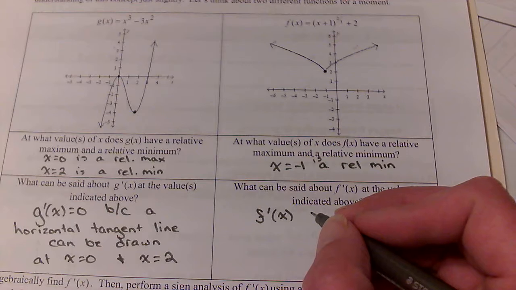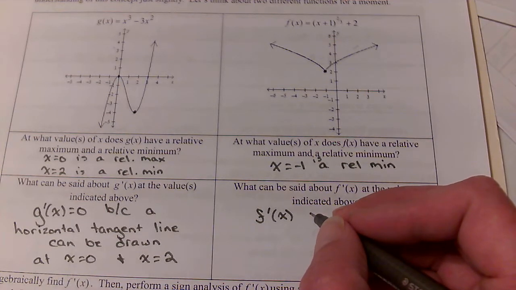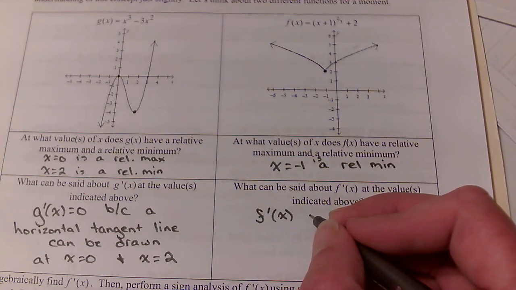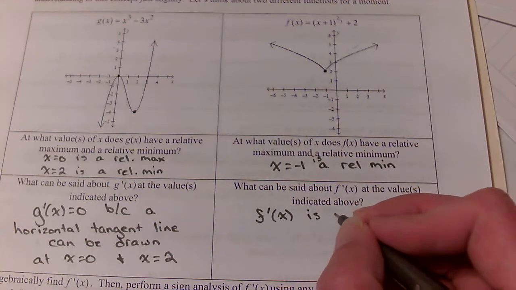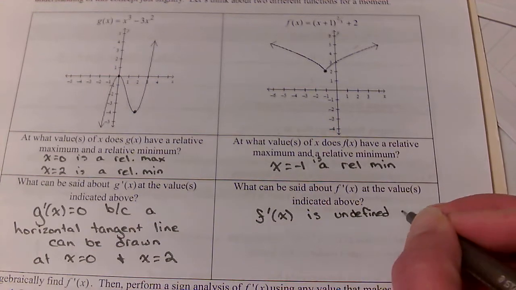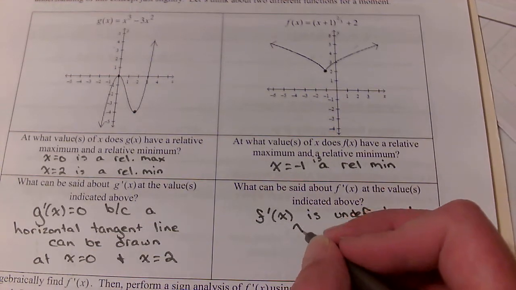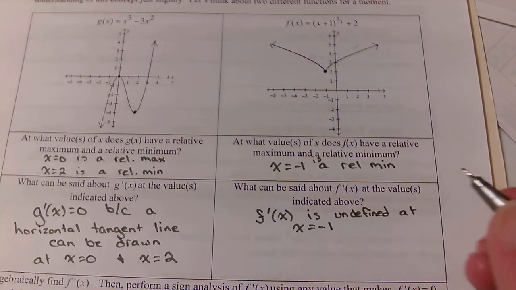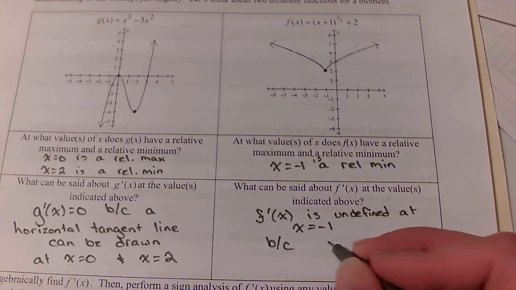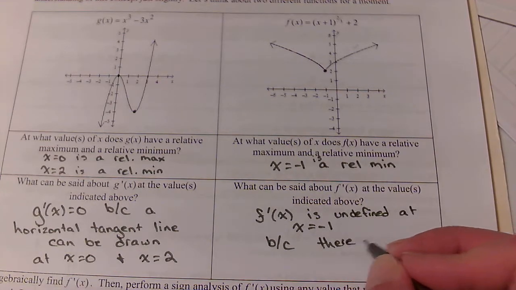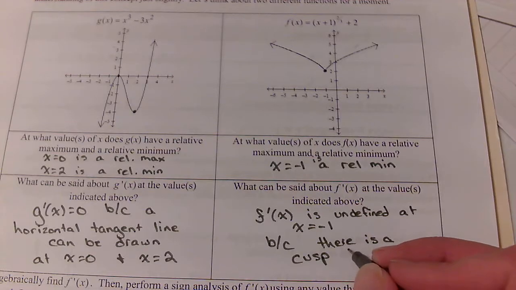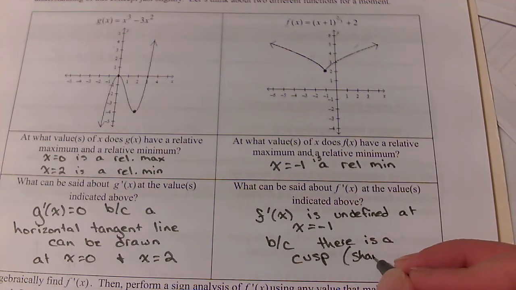That's a sharp turn. That's a cusp. f prime of x is undefined at x equals -1 because there is a cusp or a sharp turn.